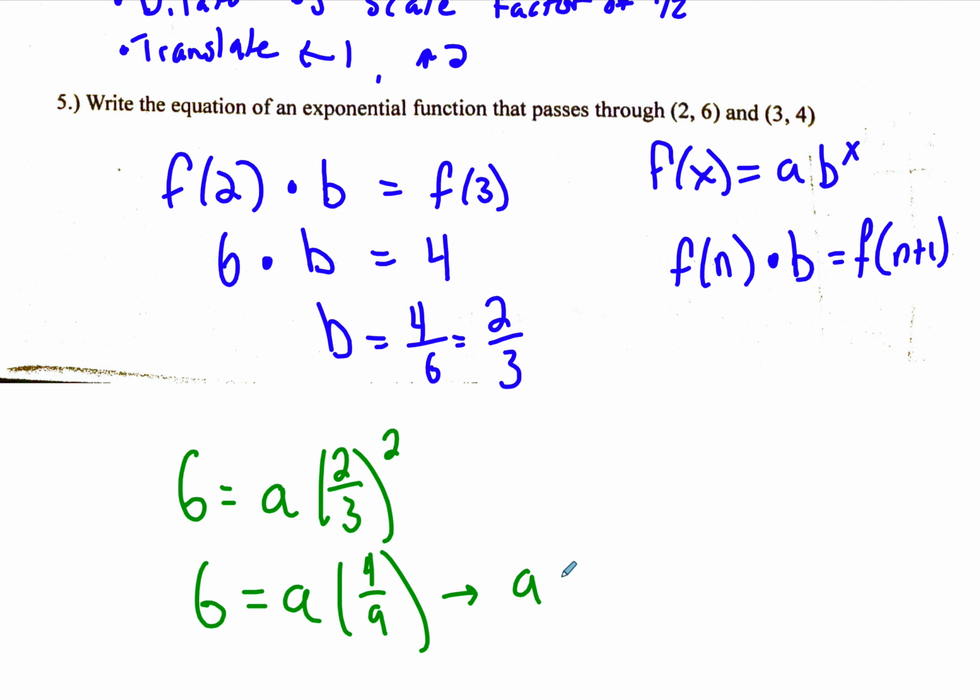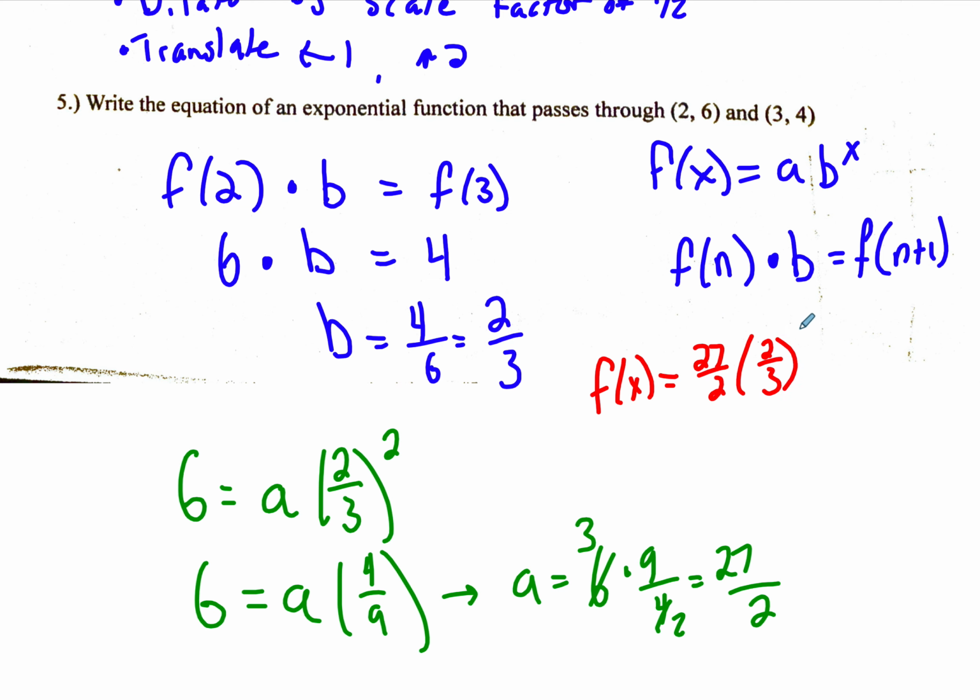And so by multiplying by 9/4, you get a is equal to 6 times 9/4, which is equal to 27 over 2. So what you'd get as your final answer is f of x equals 27/2 times 2/3 to the x.